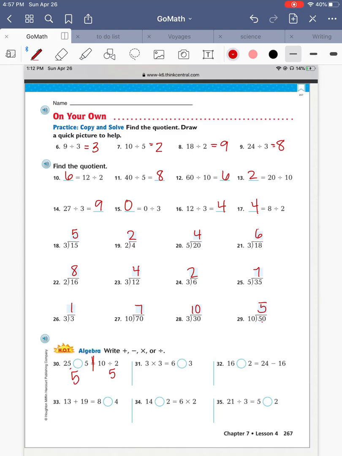So 25 divided by 5 is going to equal 5. So you have to do division to get both sides to equal 5, because 5 times 5 is 25. So if we do the reverse, or the related facts of 25 divided by 5, we'd equal 5. So 3 times 3 is 9. So then what can you do to 6 and 3 to get to 9?